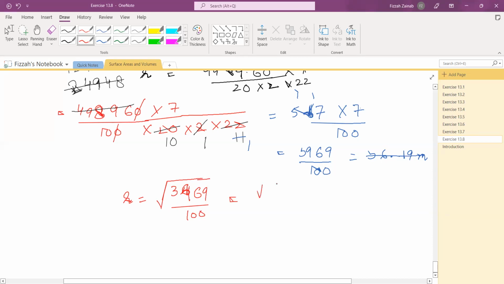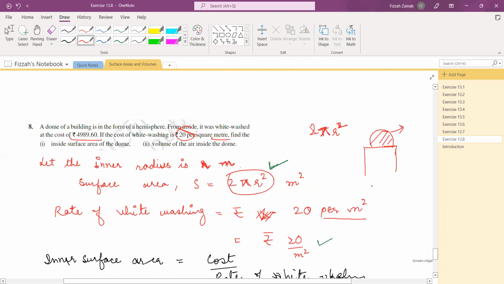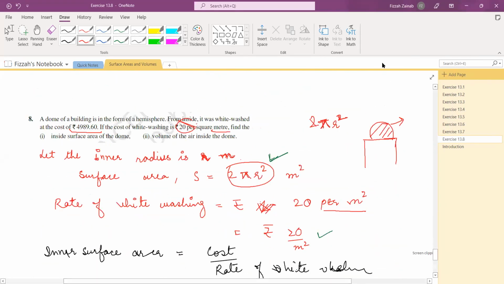So now you have the square root of 3969 and divided by 10. Sorry, my pen has stopped working in between. I'm just leaving the calculation for you. You will do this as a square root and then you will convert and you will get your answer in meters. Yes? You will do it yourself. And then it's easy, the next part.